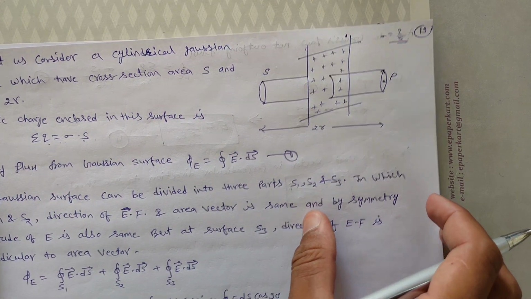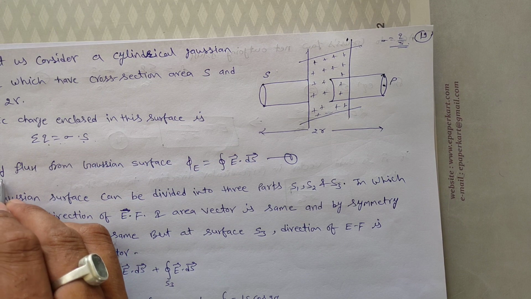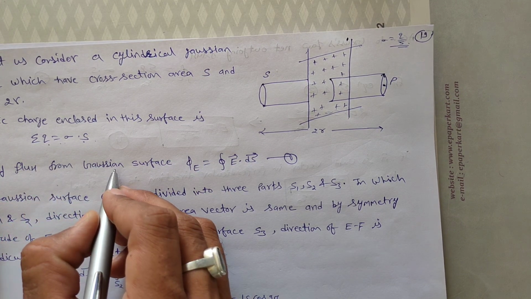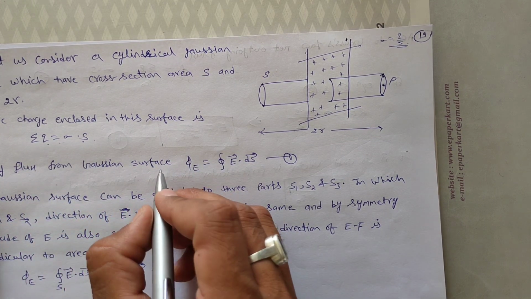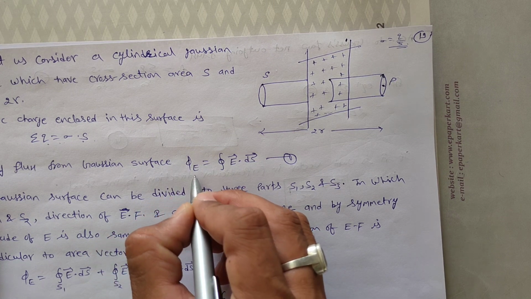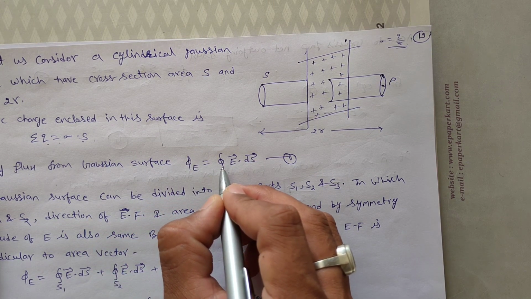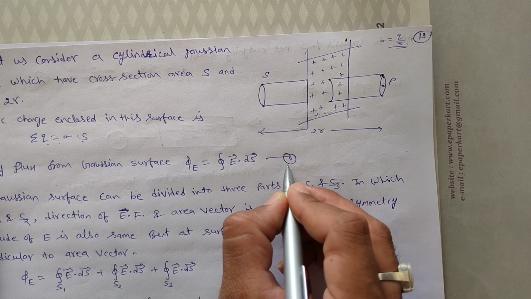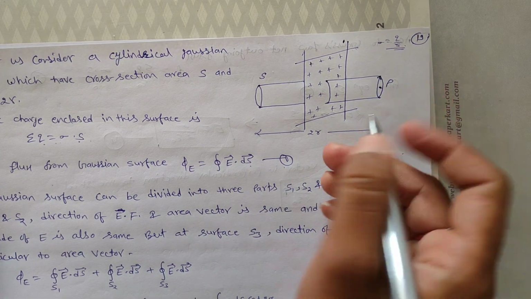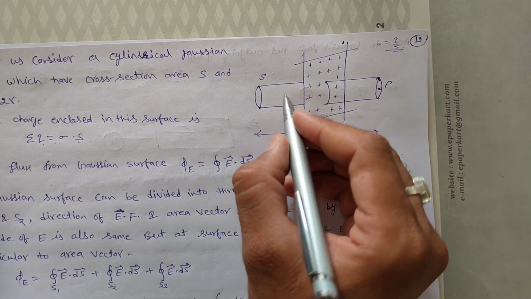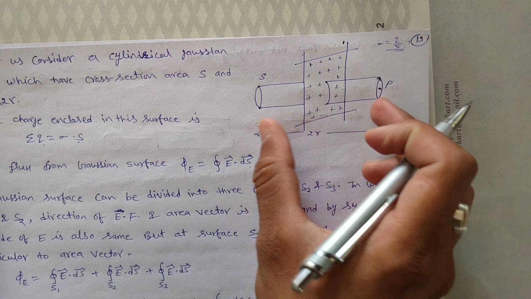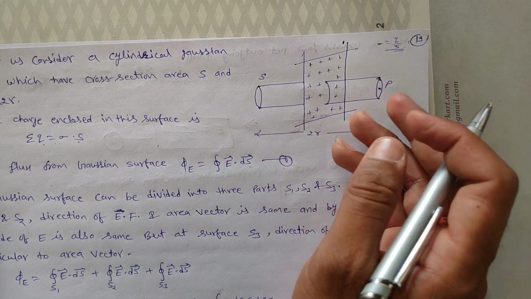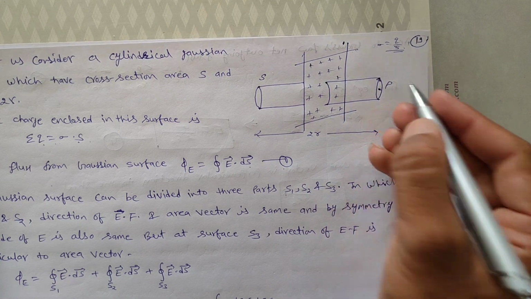Now the outgoing flux from the Gaussian surface, from the electric flux definition, phi E equals closed integral E vector dot ds vector. This is equation number 1. Now this Gaussian surface can be divided into three parts: S1, S2 and S3.